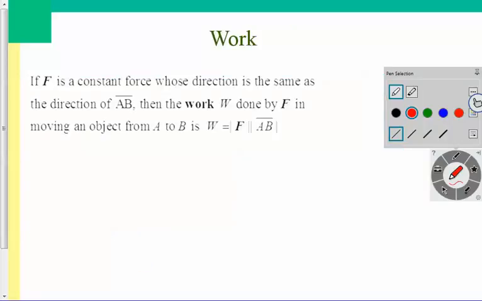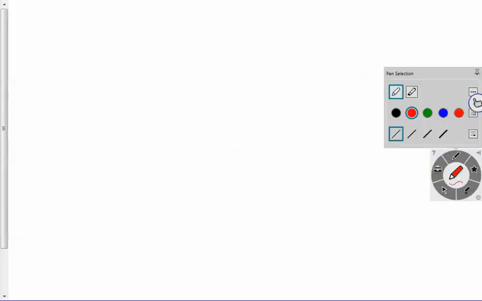Let me add something. Let's try one real quick so you can get an idea of what I'm talking about. I have vector u, which is (6, 2), and vector v, which is (5, -5).